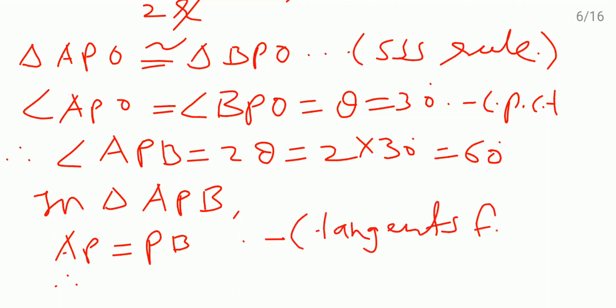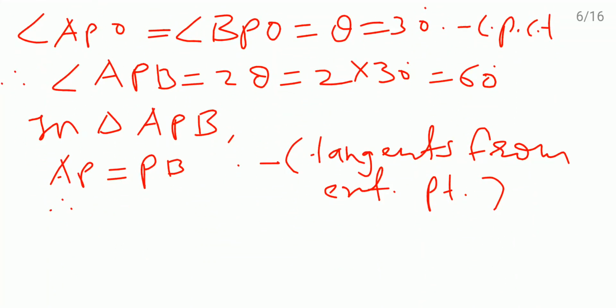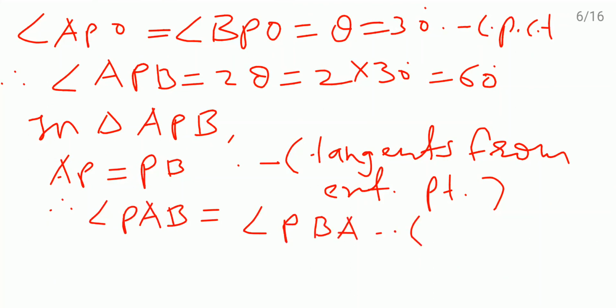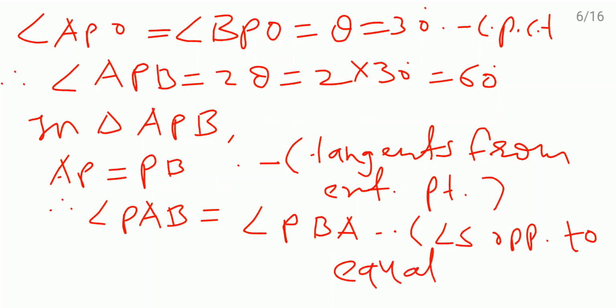Tangents from an exterior point are equal in length. Therefore, angle PAB is equal to angle PBA. What is the reason? Angles opposite to equal sides, right?